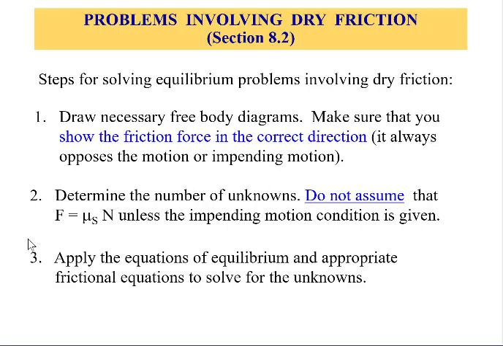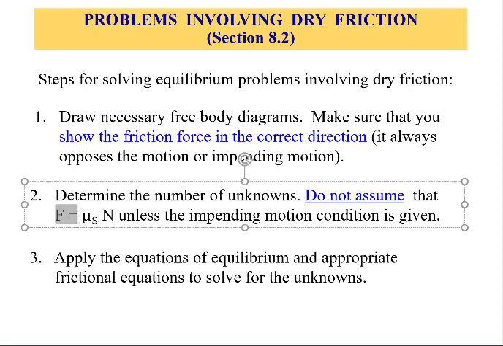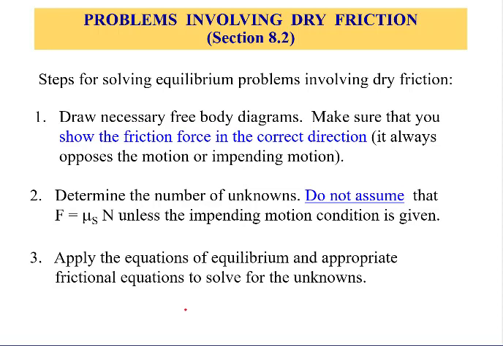Also, determine the number of unknowns. You should not assume that the friction is equal to mu s N. This is only when the object is impending, meaning it's about to move. Apply the equations of equilibrium and solve for the unknowns.